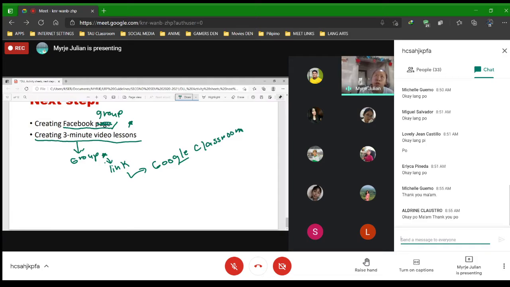And then, doon sa huli, you will tell your target pupils to answer the activity sheets for that particular week. Kasi nakita ko naman yung mga learning competencies assigned ninyo is connected to one another.